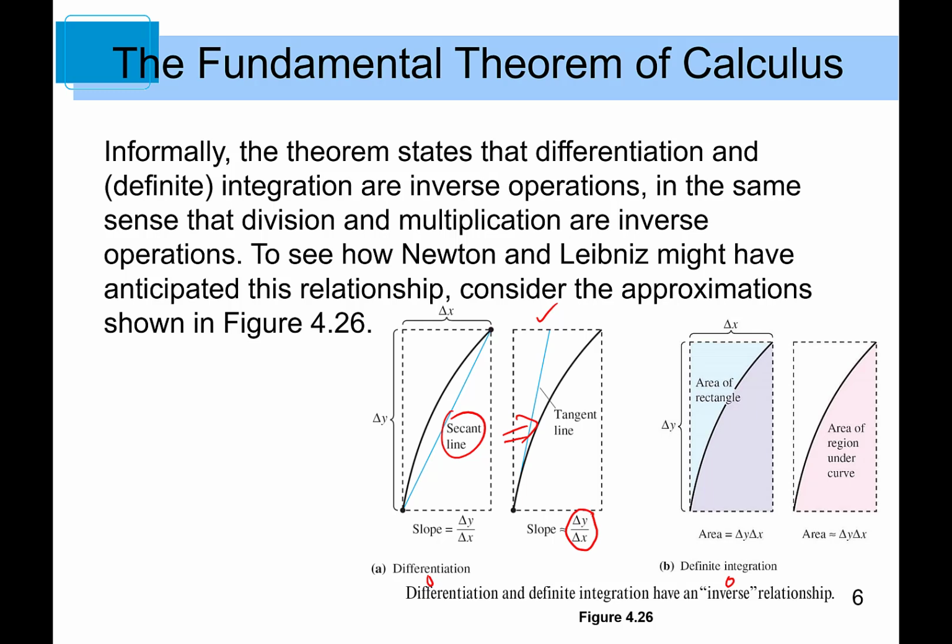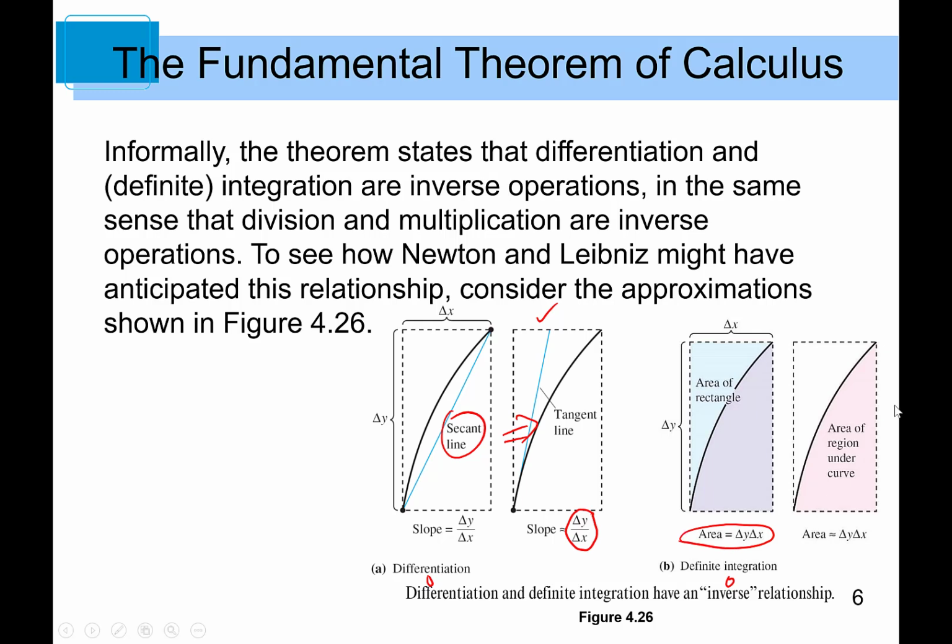When we talk about integration, in the previous two sections, we looked at the area of rectangles. We estimate the area under the curve using rectangles, so area equals delta y, which is the height, times delta x, which is the base.